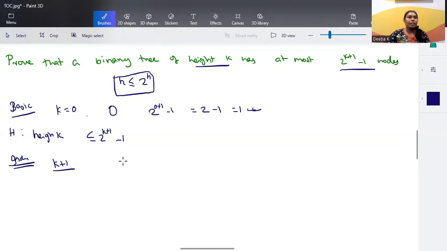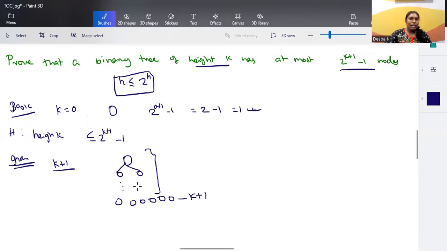Here the height of the tree is the constraint. So we are going to consider a binary tree structure like this, of any height. This is the last level, your k plus 1 height.